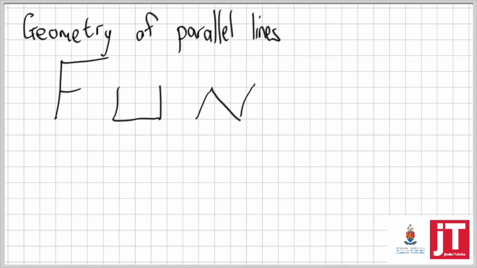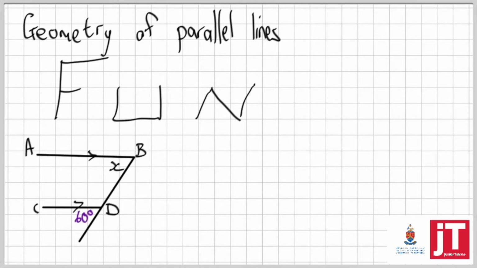So let's start with a question. If I say AB is parallel to CD, and I've got a transversal line, BD, that cuts through those parallel lines, what can I say about the value for x?